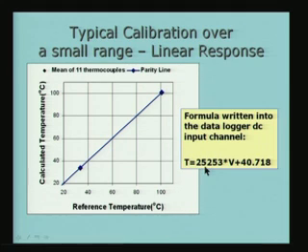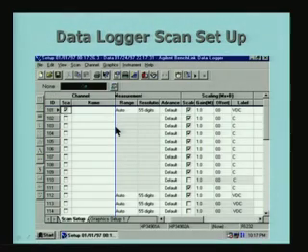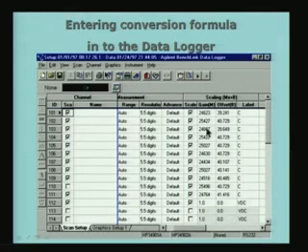You remember I showed an example earlier where the formula was t equal to 25253 into V plus 40.718. This is the number I had. So, what I am doing is I am entering this formula into these boxes. So, I have got channel 1, 2 up to whatever number, 10 is left out. So, 11 thermocouples are there.